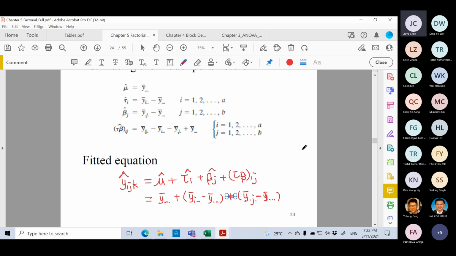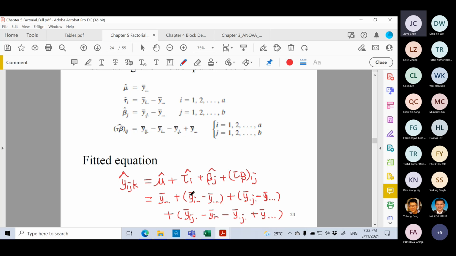Okay, and then plus the last component here. Okay, so this one is called the fitted equation. Maybe I wrote it not very clearly. Later on, I will change it and rewrite it again.